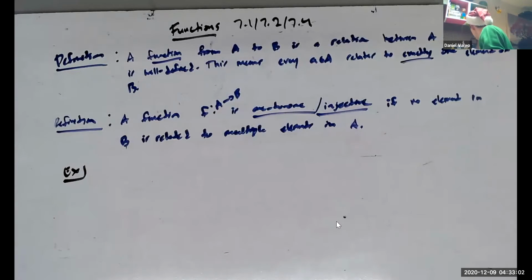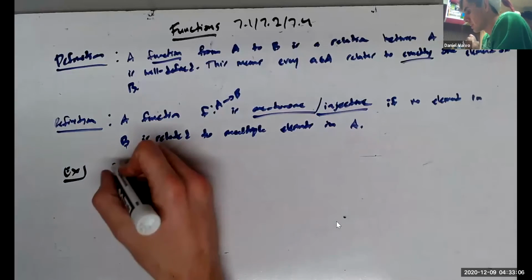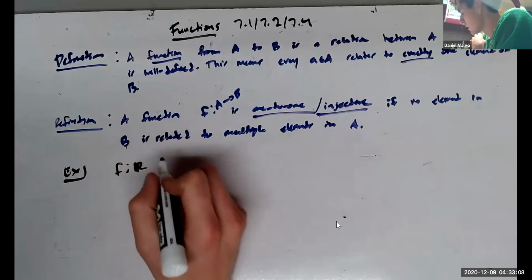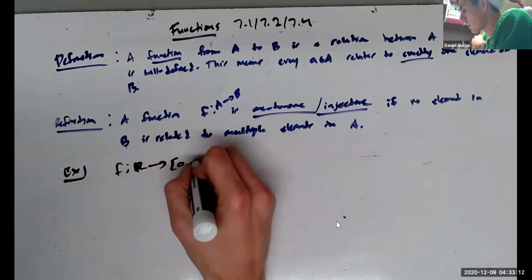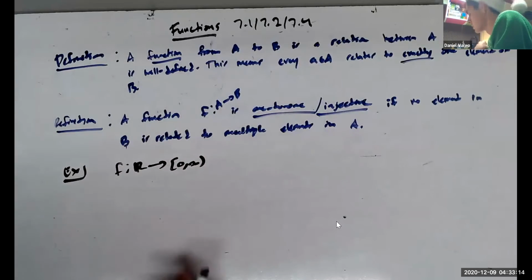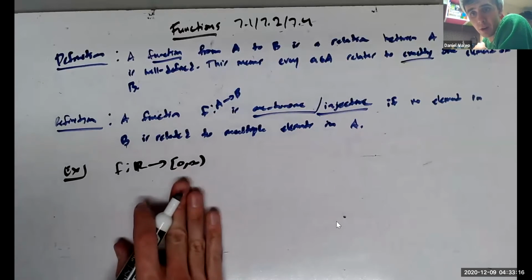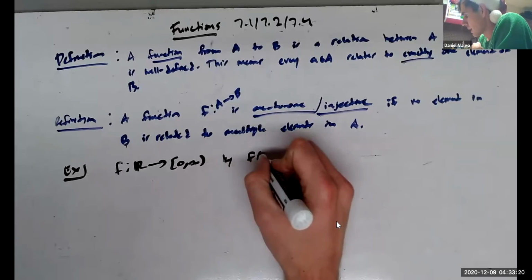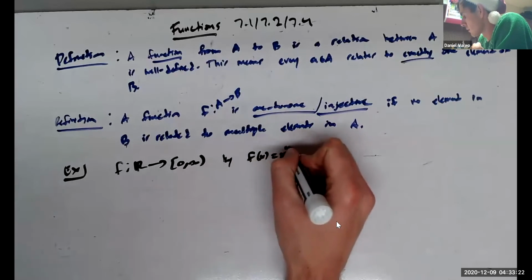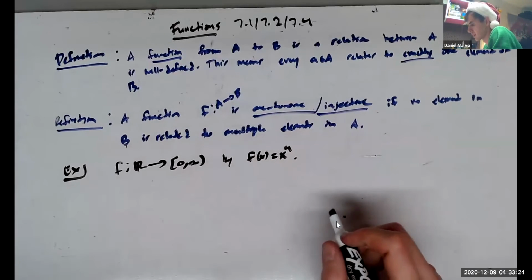Example. Let's do f from R to the positive or greater than or equal to 0 real numbers by f of x equals x to the 4th.